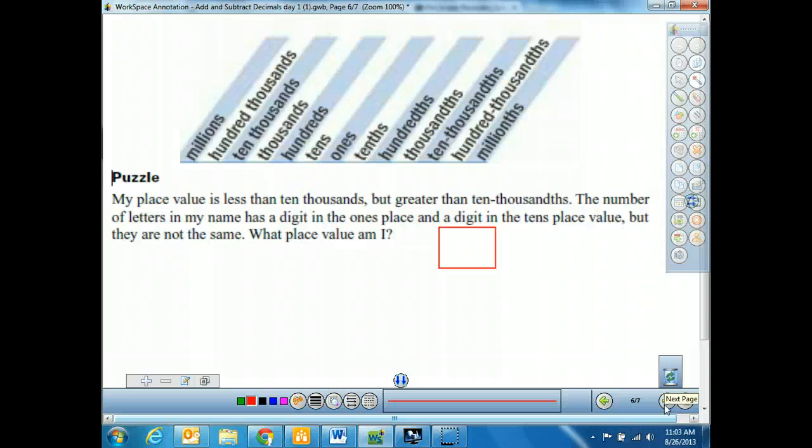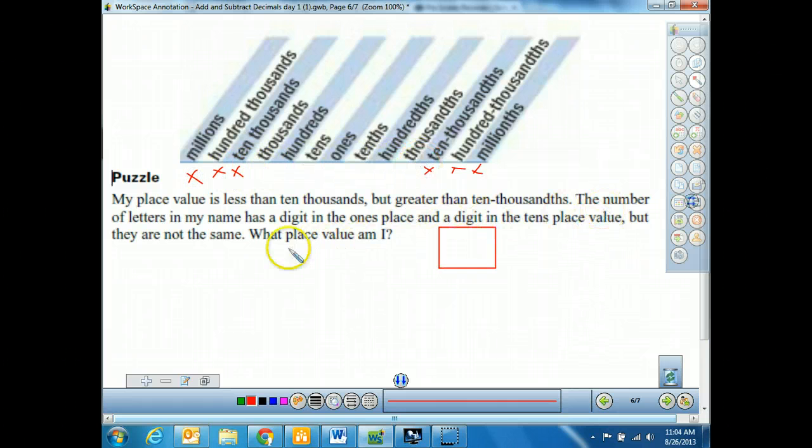Here's a little puzzle I'm going to have you do on your own. It says my place value is less than 10 thousands but greater than 10 thousandths. So that means it is going to be less than this place value but bigger than this one. So that cuts these ones out. These ones aren't in the picture here. So it's somewhere between thousands and thousandths.